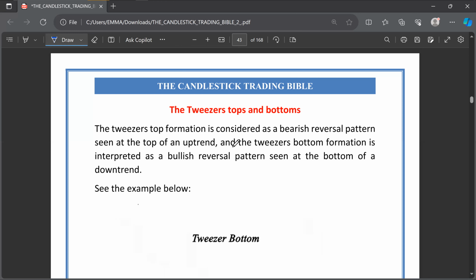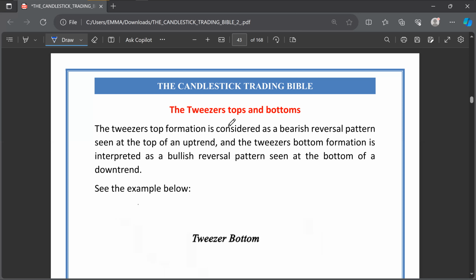So when you look at the tweezers, we have two types: the tops and then the bottoms. Usually, if you have observed, most of the patterns have counterparts. What it means is that when you have one side, we have the opposite of it. A lot of them have the opposite.